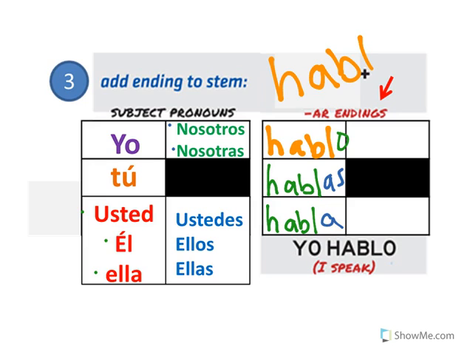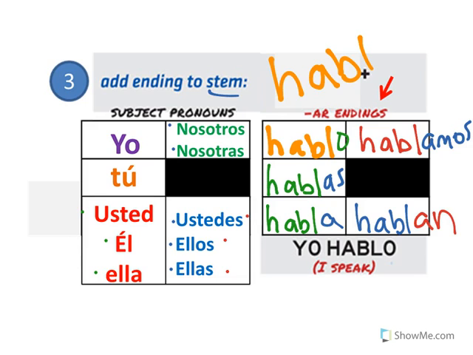The nosotros and nosotras, which both mean we, this is the long one, is AMOS: that's the stem, and then we put hablamos, we speak. And finally, for ustedes, ellos, and ellas, that's the stem, and then the ending for those 3 is AN: hablan.